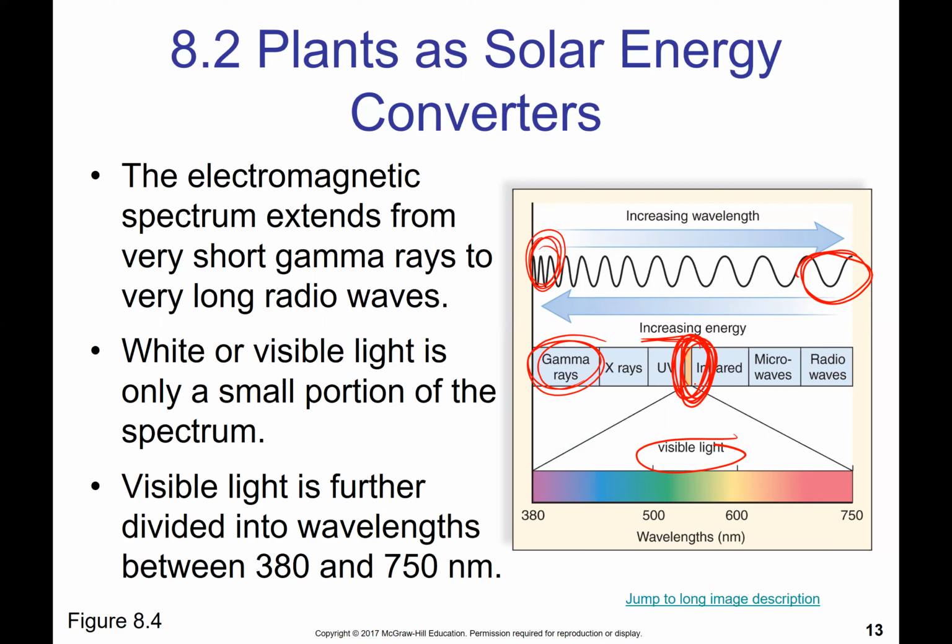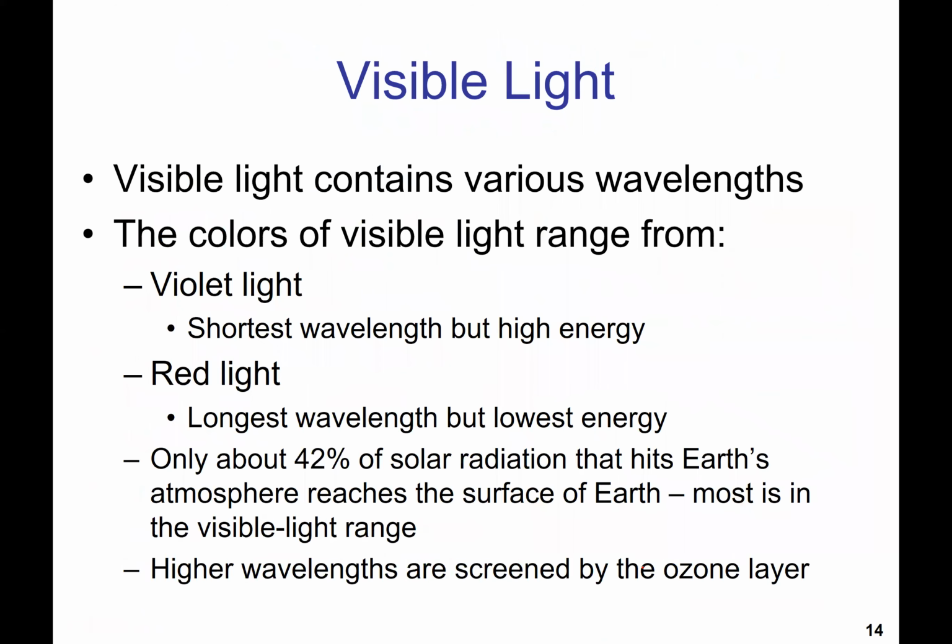We as humans can only see light in wavelengths that are 380 nanometers to 750 nanometers, and we see this as color. Okay, visible light, like I said, contains various wavelengths. Violet or purple light has a short wavelength but high energy.